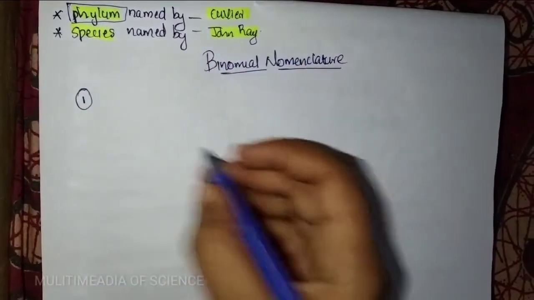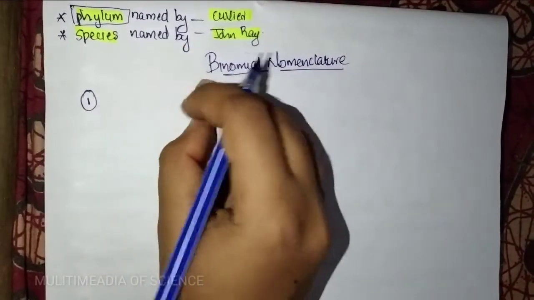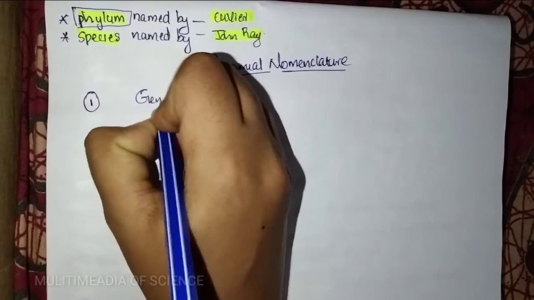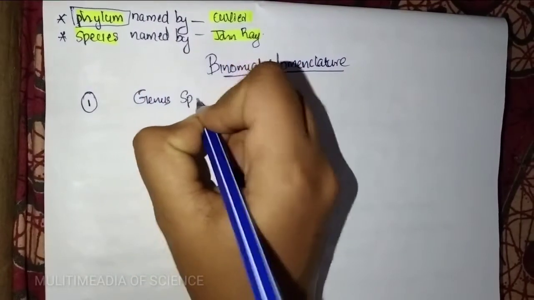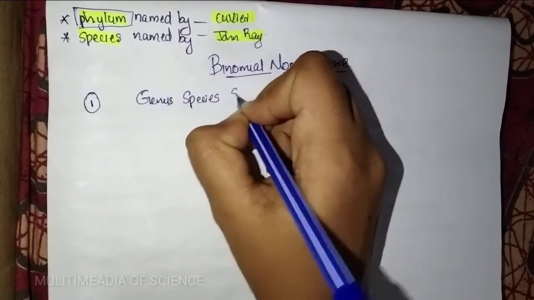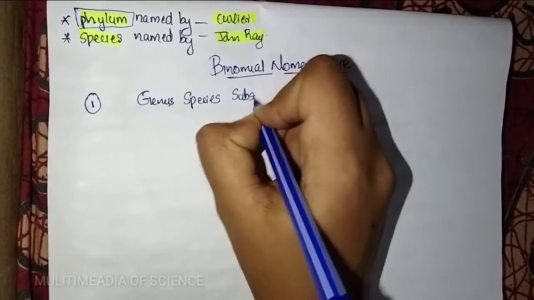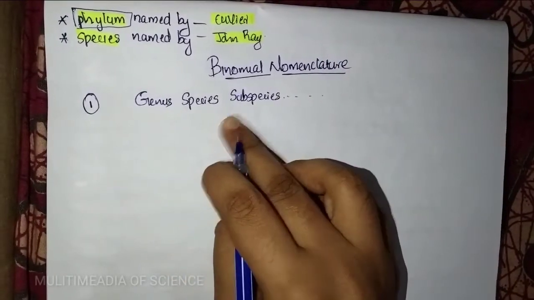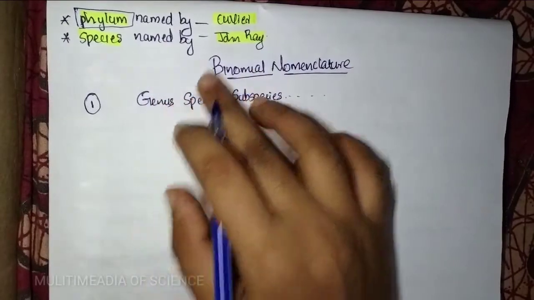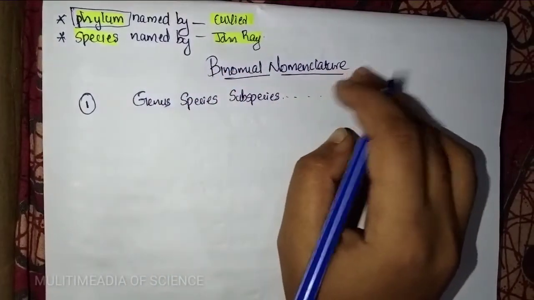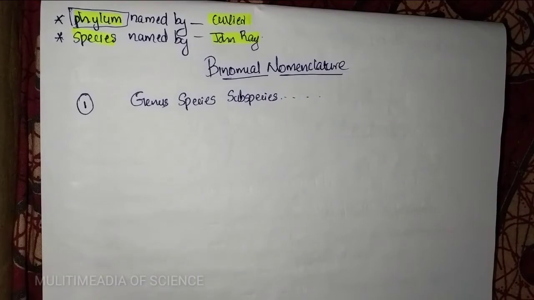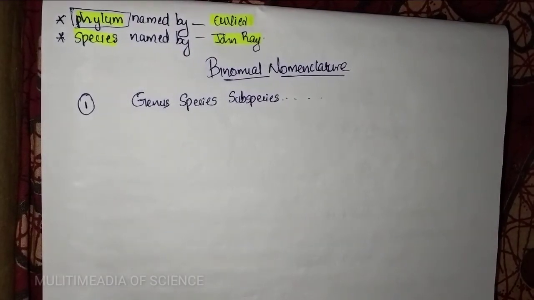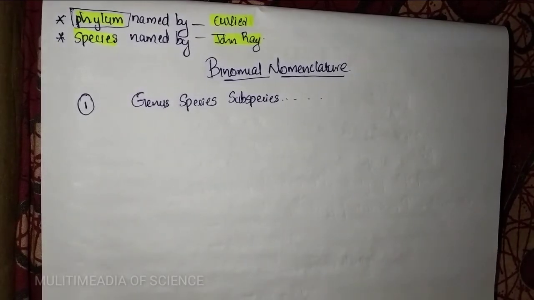First one, the order of arrangement in binomial nomenclature is genus name, then species name, then subspecies. Clear? Binomial nomenclature was introduced by Linnaeus.